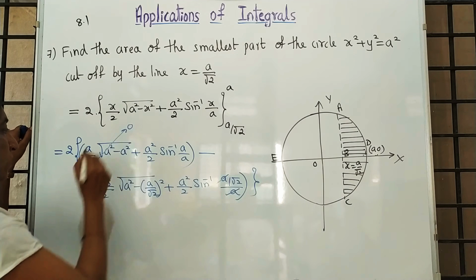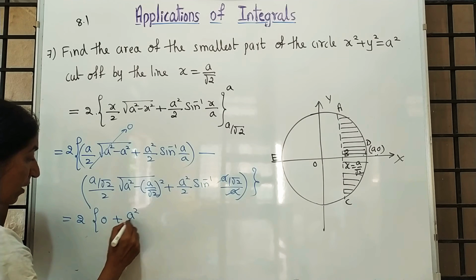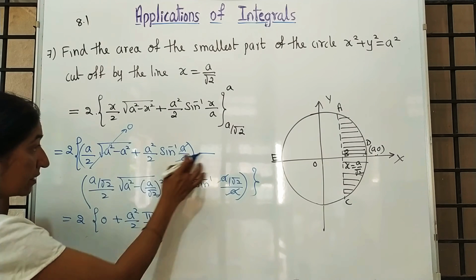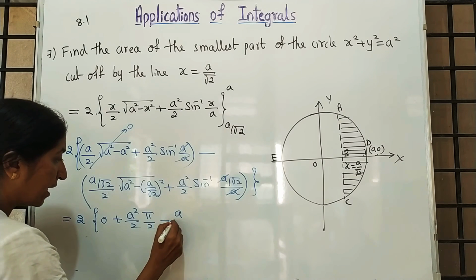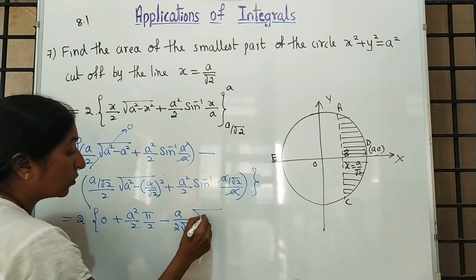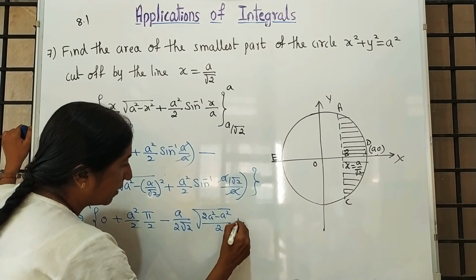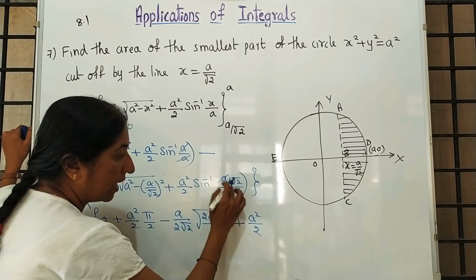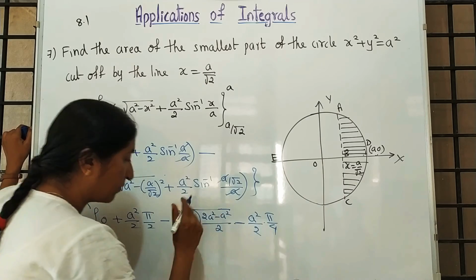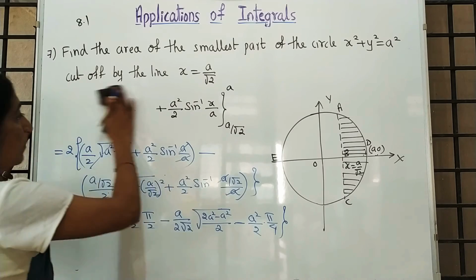First this value is 0. 2 in the bracket 0 plus a square by 2 sine inverse 1 is pi by 2, minus, take minus inside, it is a upon 2 root 2, and here a square minus a square by 2, at the same time I took the LCM, plus a square by 2, a and a get cancelled, so sine inverse 1 by root 2 is pi by 4, this is also minus because outside we have a minus. Now simplify this.